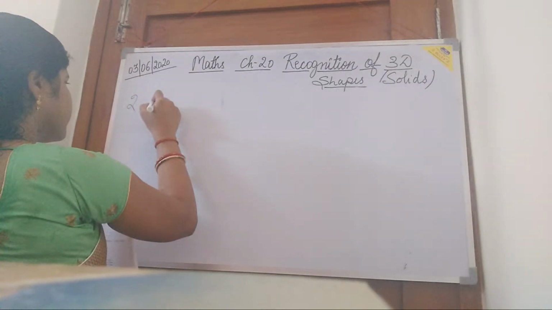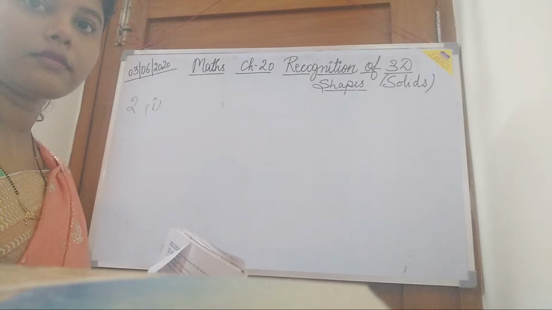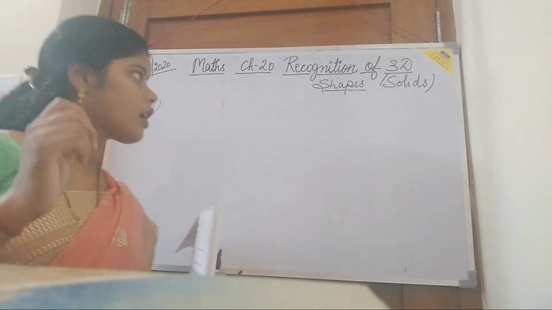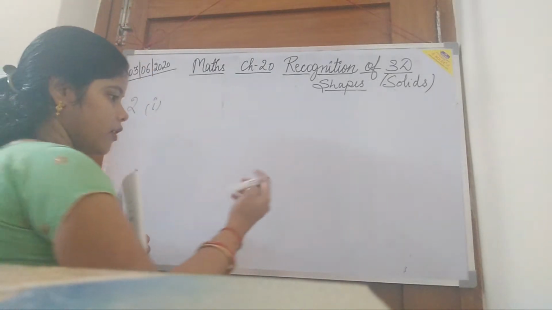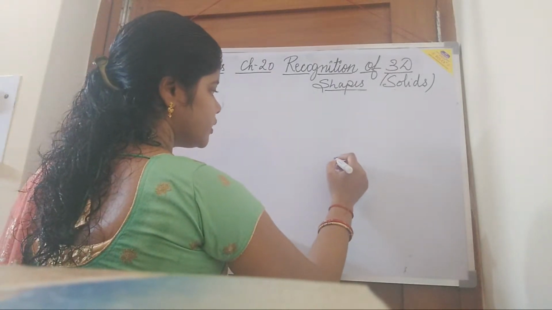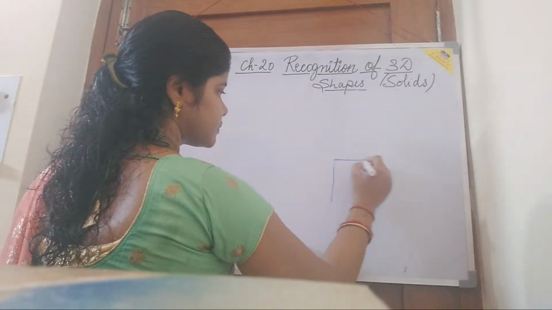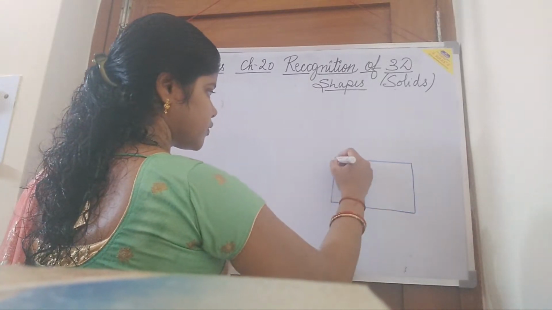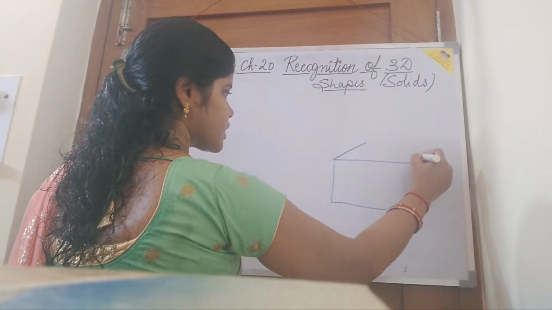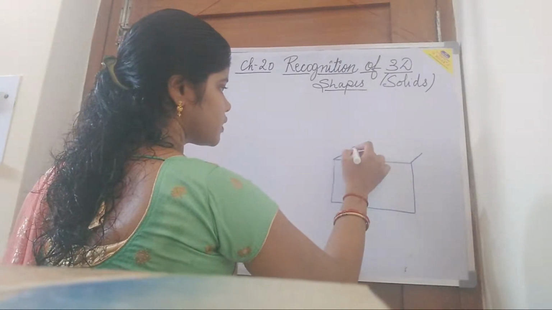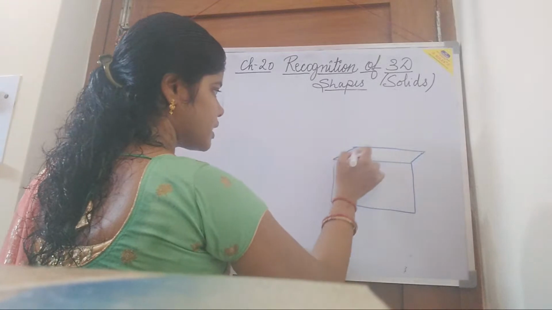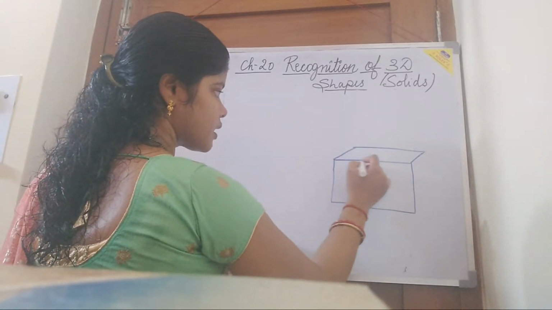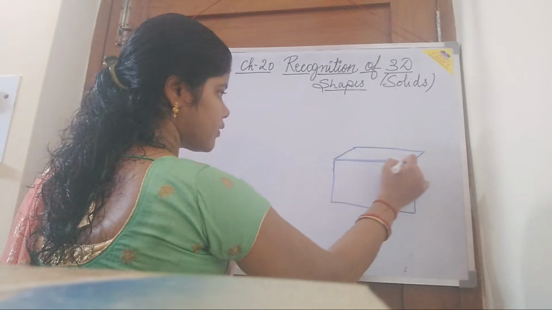First one, you will write the answer as 2 adjacent faces. Here adjacent faces means when we are going to draw a cuboid, and we draw another face, this face and this one face join each other here with this line.